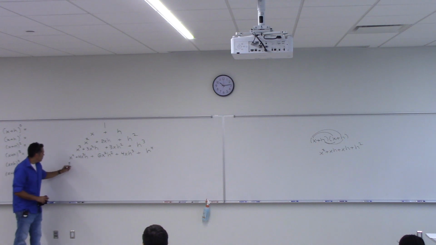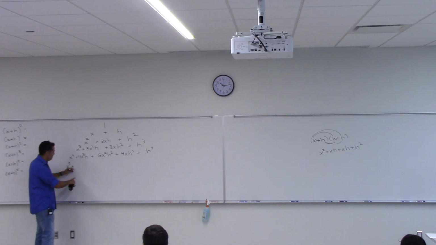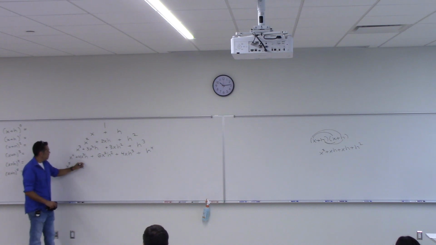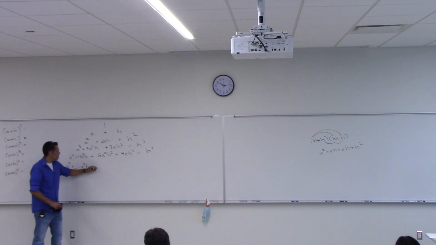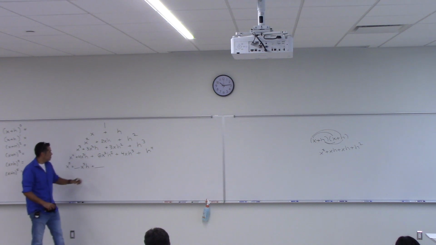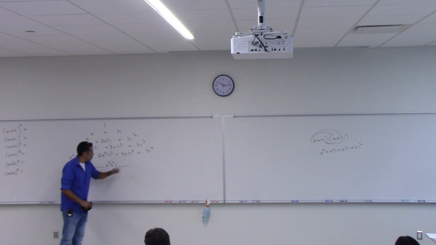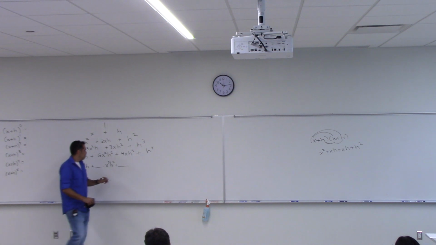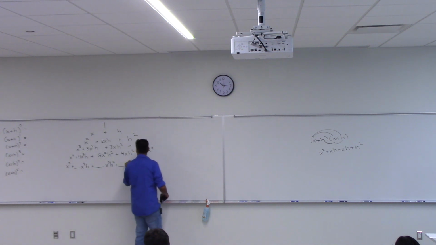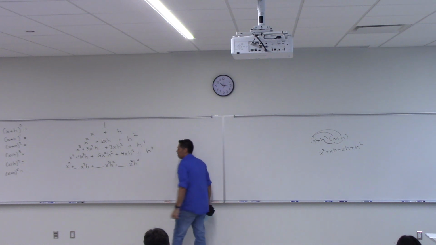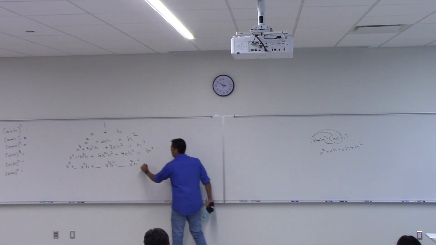So I should have here plus, let's not worry about the number yet, x to the what? 4th. Then I should have an h, right? Plus some number, let's not worry about it. Then what? x to the 3rd, and then h squared, and then plus some number. What? x to the 2nd, h to the 3rd, plus some number.